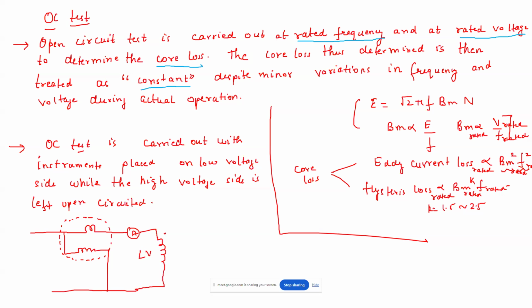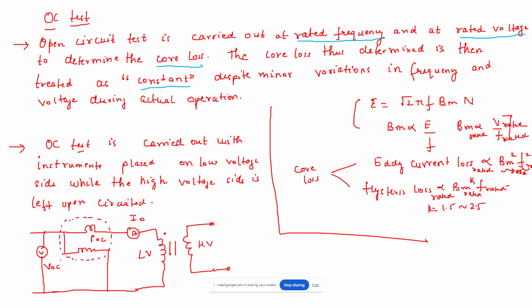We are putting the equipment on the low voltage side, and the high voltage side is on this side. The high voltage side is open circuited, as I said, and all the equipment, like the wattmeter for measuring the power and the voltmeter for measuring the open circuit voltage, is kept on the input side or low voltage side.